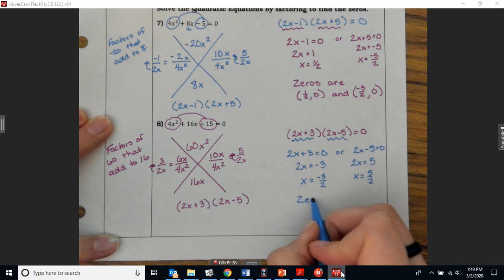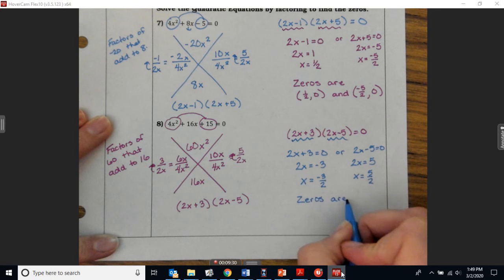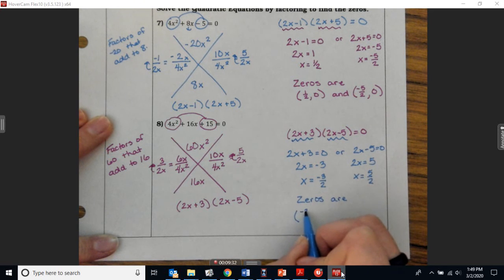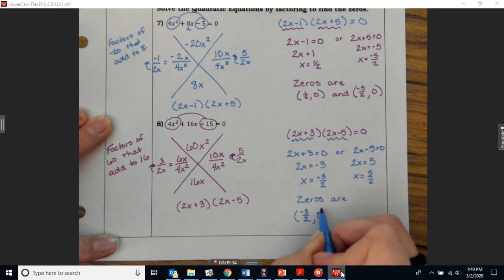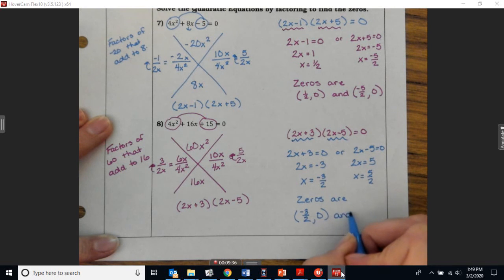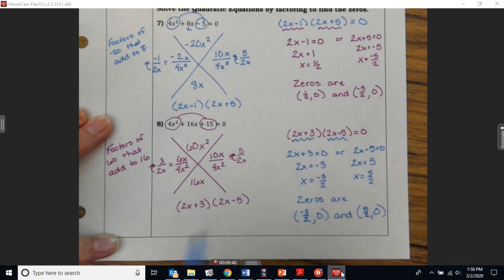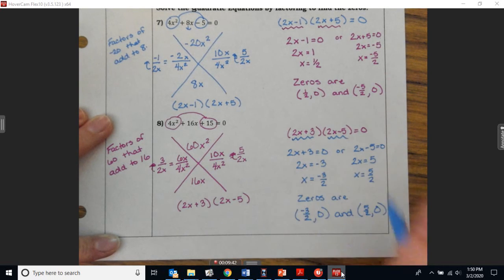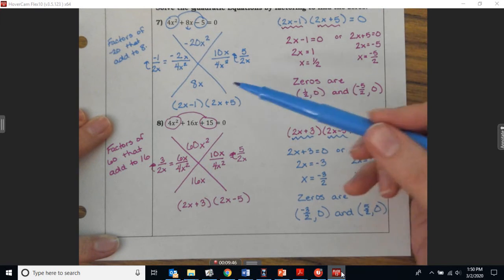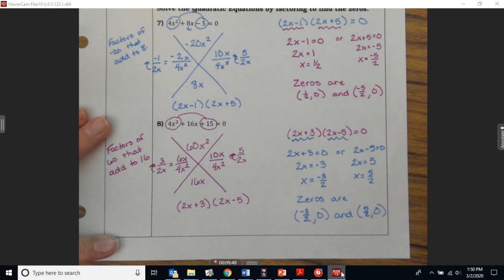So my zeros are negative 3 over 2, comma 0, and 5 over 2, comma 0. Okay. So this is the algebraic way to find your zeros. So we're factoring to find the zeros.